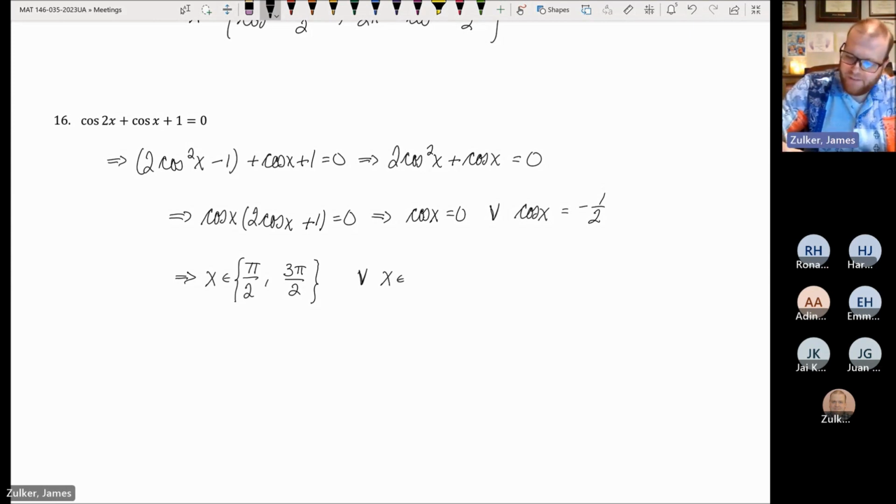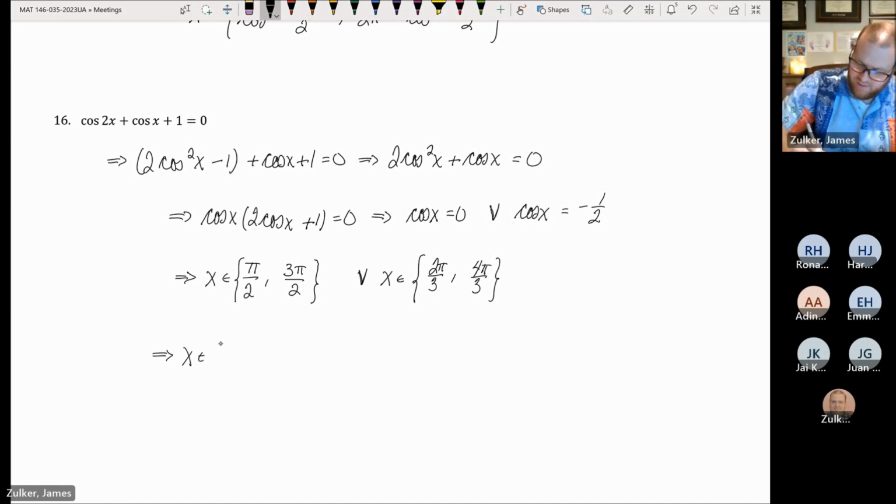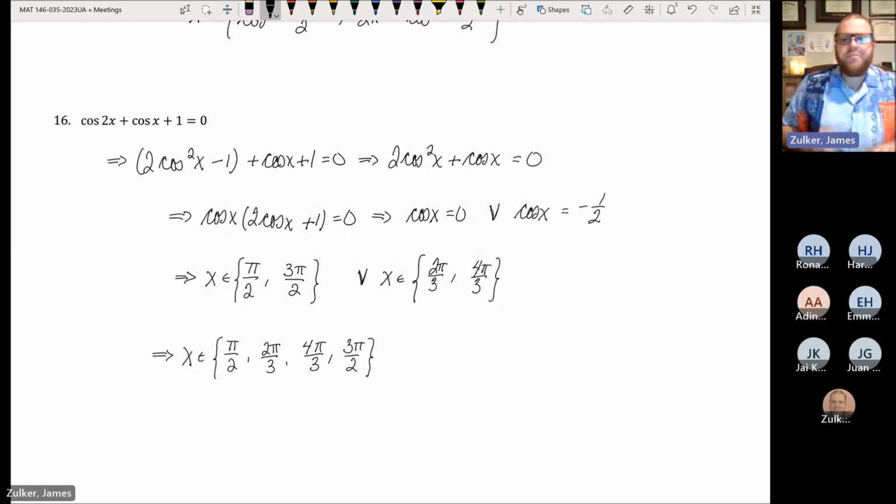It's negative 1/2 at 2 pi over 3 and 4 pi over 3. Again, we did nothing fancy. We just used an identity. And so they all are in our solution set.